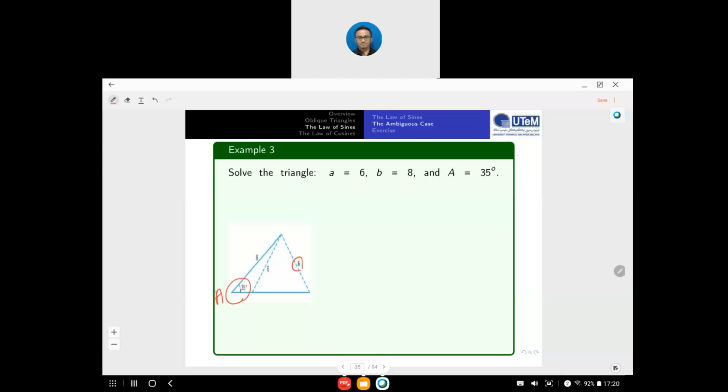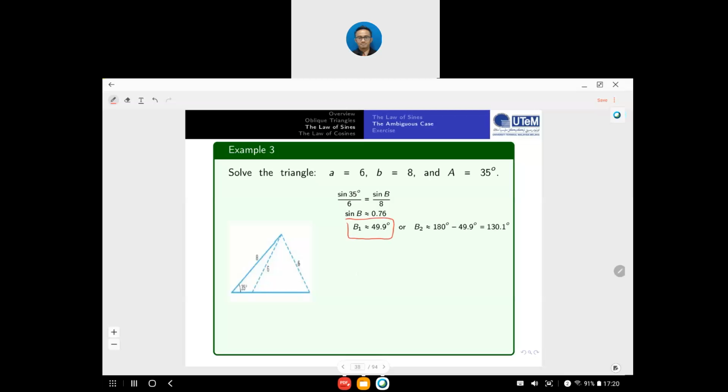When you have two triangles, you need to calculate two B. So sine 35 degrees over 6 equals sine B over 8 by using the law of sine. So sine B equals 0.76 and B equals 49.9. If you press the calculator, you get 49.9.